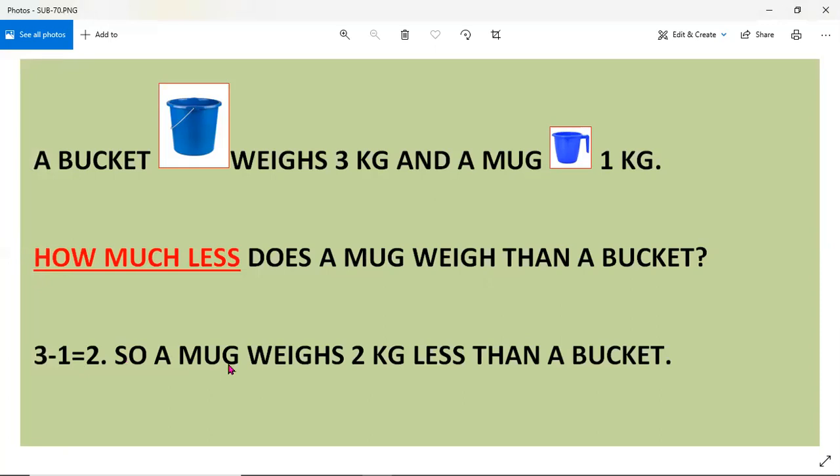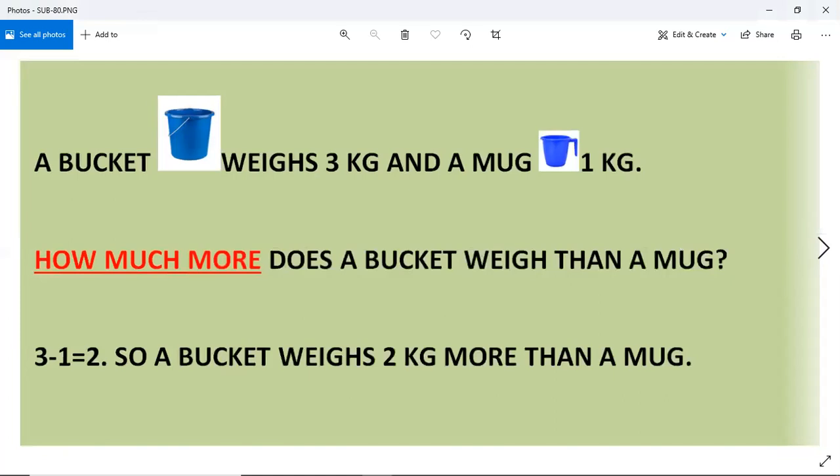अब इसी क्वेश्चन को दूसरी तरह से देखते हैं. अब इसी क्वेश्चन में सेम फिगर्स के साथ हम सिग्नल वर्ड यूज करेंगे हाउ मच मोर. तो किस तरह से कैलकुलेशन सेम है लेकिन किस तरह से आपकी स्टेटमेंट बदल जाएगी. Have a look. A bucket weighs 3 kg and a mug 1 kg. How much more? पिछली साइड में क्या था? How much less. Now this question says how much more. कितना ज्यादा है बकेट का वेट मग के कंपैरेटिवली.